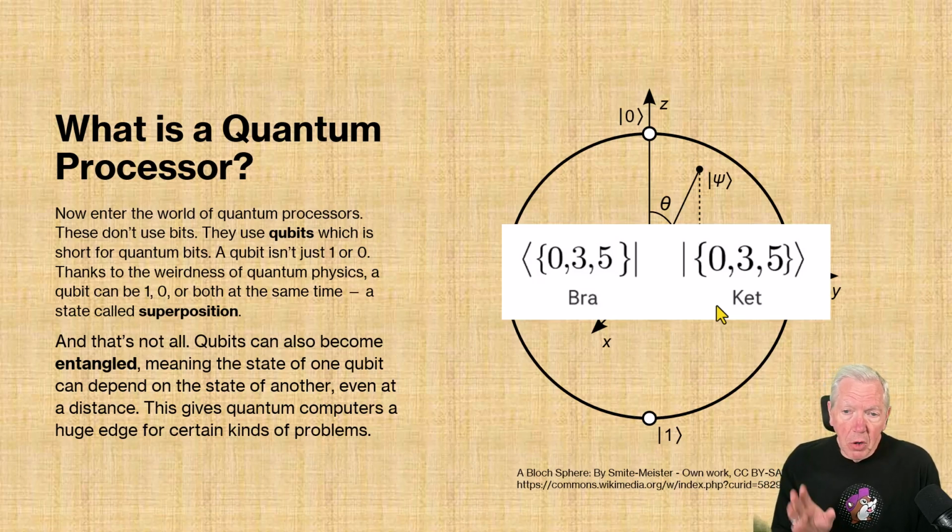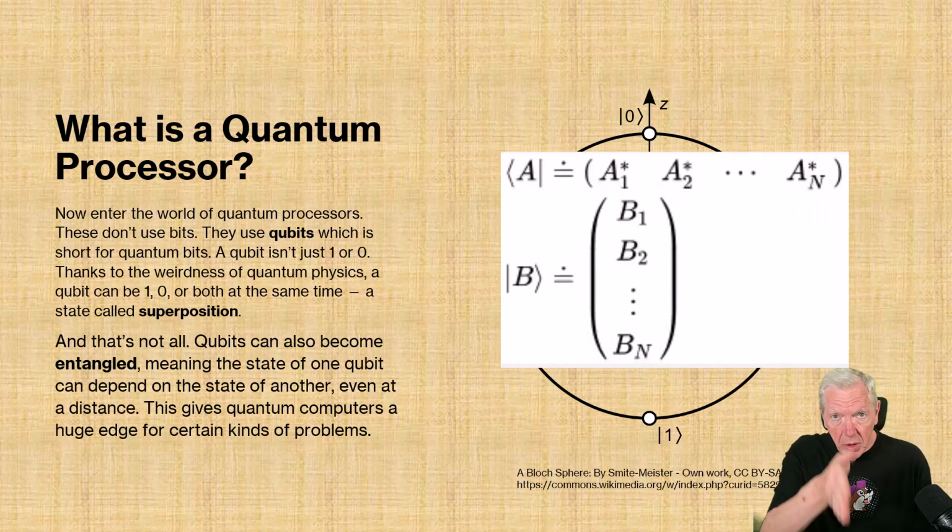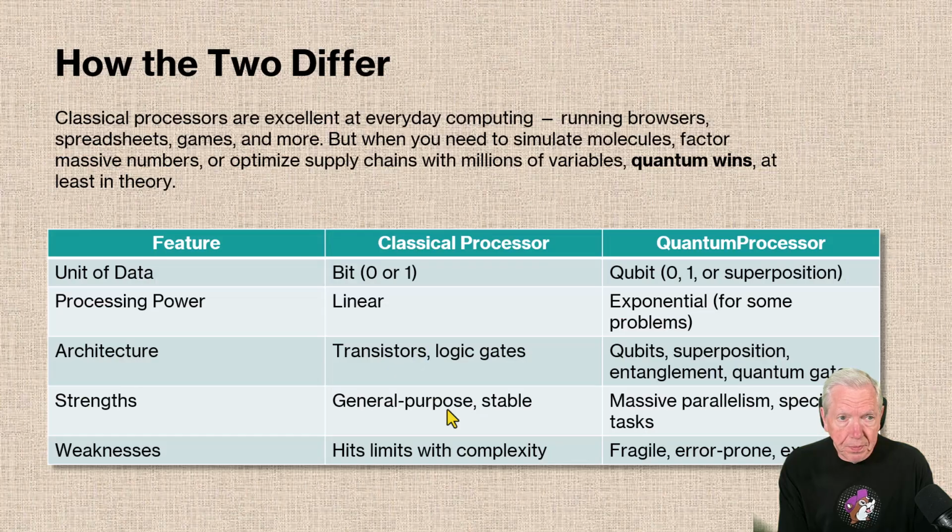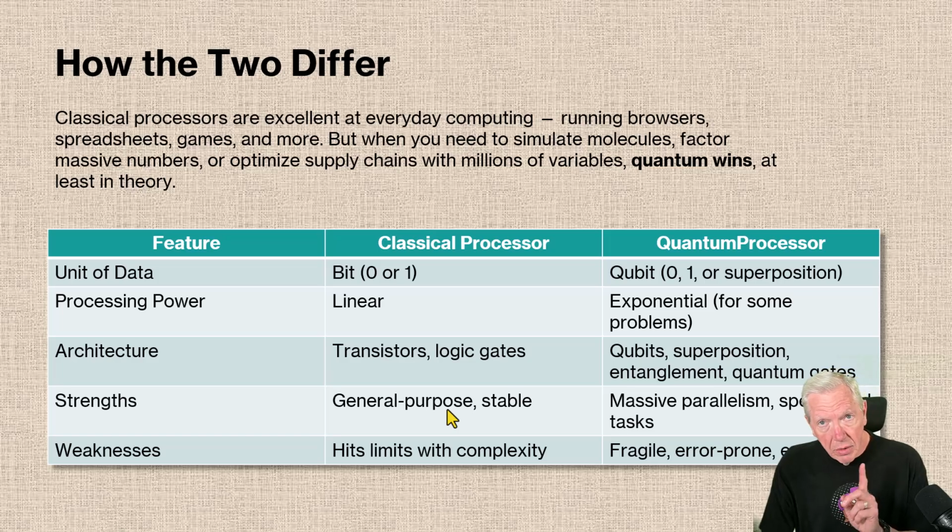You need to learn linear algebra and understand that when we're dealing with vectors, a vector can be put vertically like this, that would be a ket, or horizontally like this, that would be a bra. And you will use this terminology extensively when you're working with quantum computers. Now here's how the two differ.